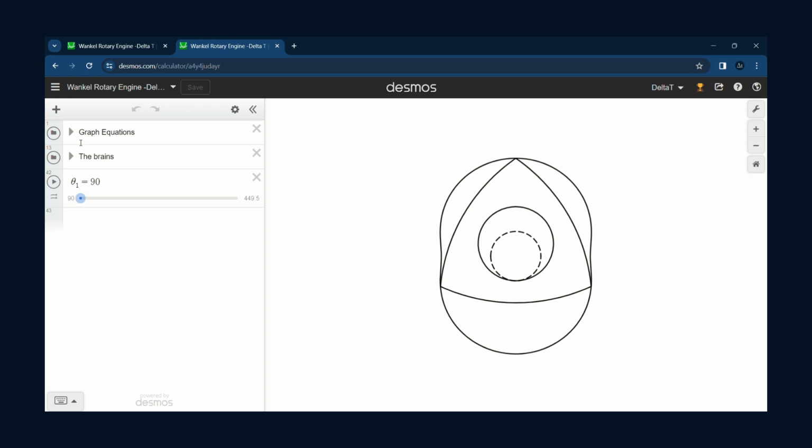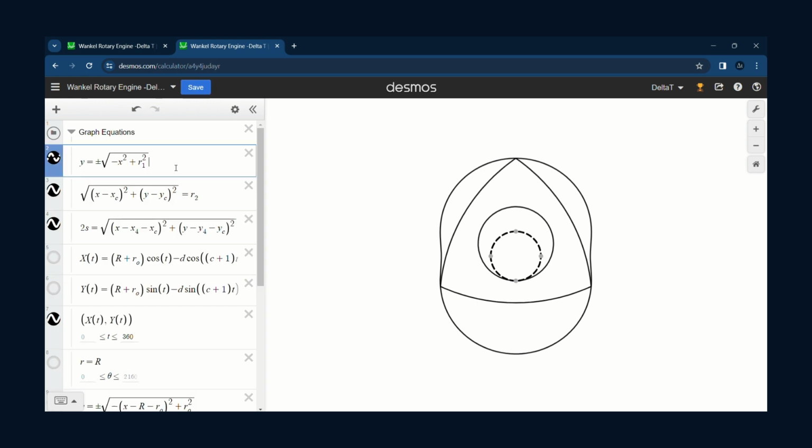So the Wankel engine, I'm not going to get into how it functions too much, but it's made up of a few components. This first one is the drive shaft. This smaller circle is the main portion of the drive shaft, and this larger circle is the eccentric portion of the drive shaft, and this interfaces directly with the piston.